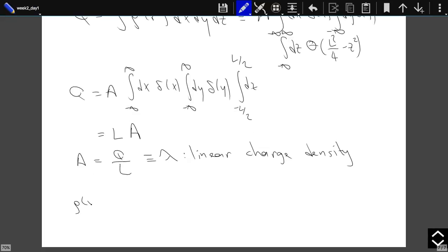So now we know the charge density. This is not the linear charge density, this is the volume charge density. In fact, that is why we have all these Dirac deltas, relating the linear charge density to the volume charge density.